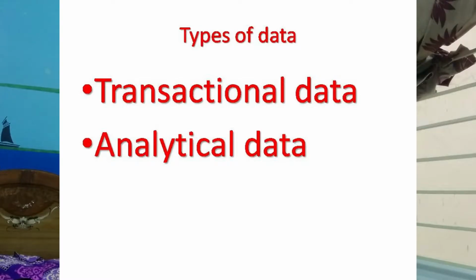Okay, coming to the types of data we use in data warehousing, there are two types: transactional data and analytical data. What is transactional data? Day-to-day data, runtime data.